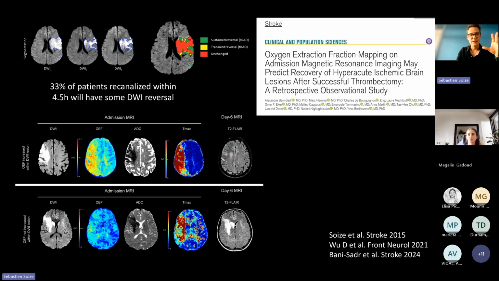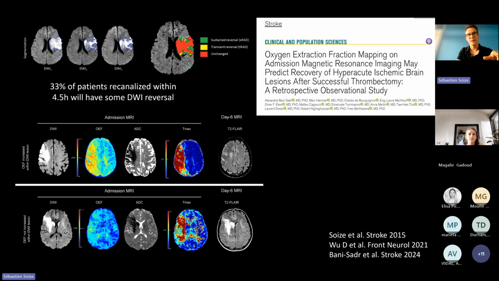But what this study from the Lyon team showed is that you can have a patient with a DWI lesion with elevated OEF and another with very low OEF, two patients. The one with elevated OEF may have some chance that more of the DWI can reverse. With low OEF, as I said, your brain has already abandoned and the tissue is dead.